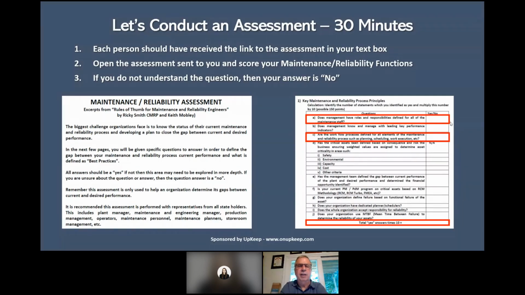All right, we've got 15 minutes left. I'll give you the last warning at 5 minutes if you're not finished. But if you are finished, please let us know.